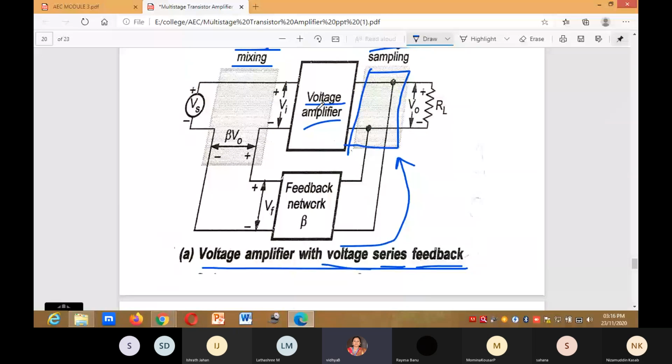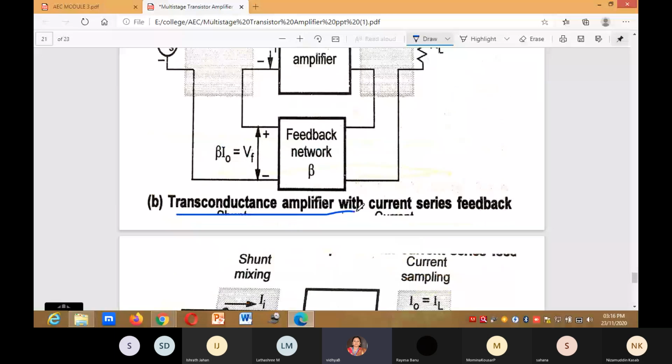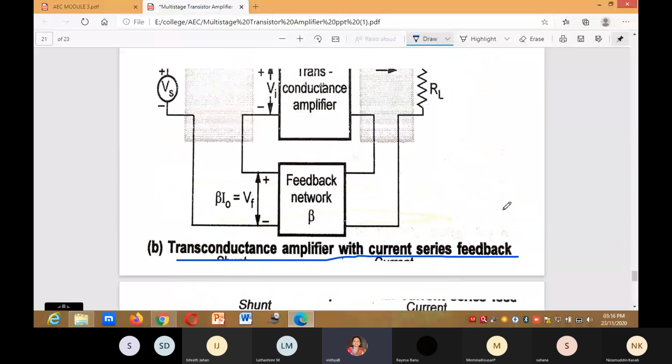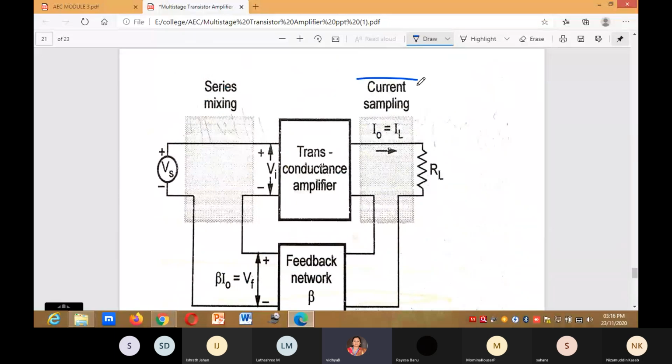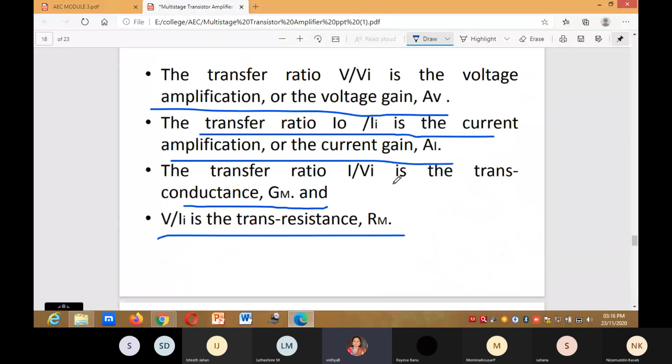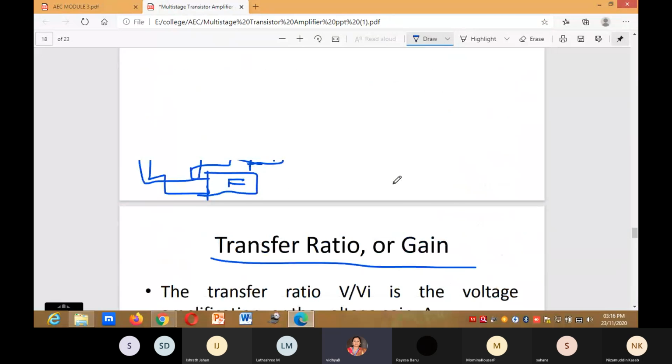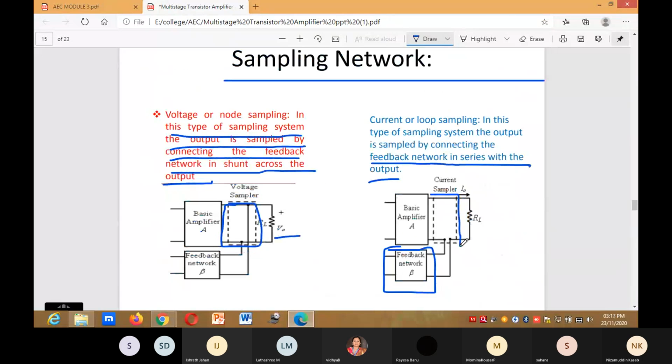Next is the transconductance amplifier with current series feedback. This is the current sampling. Once again I will show current sampling. How are they connected? The two connections are in series.